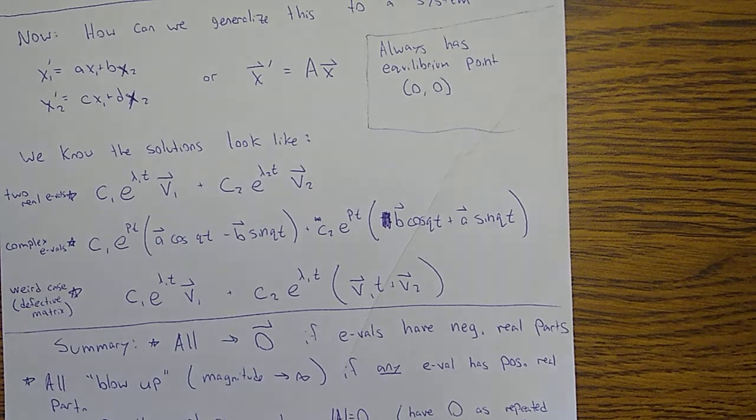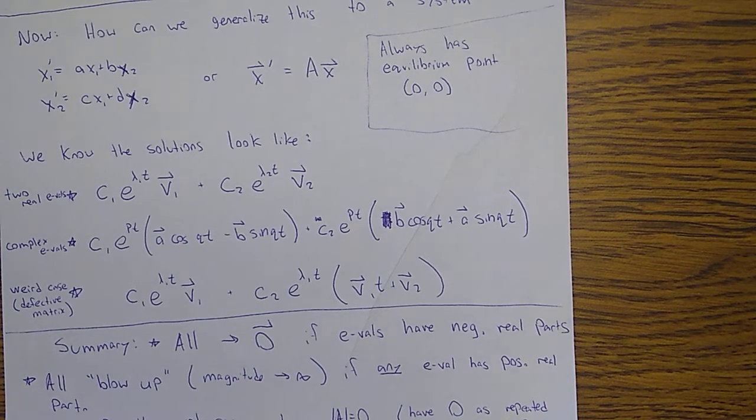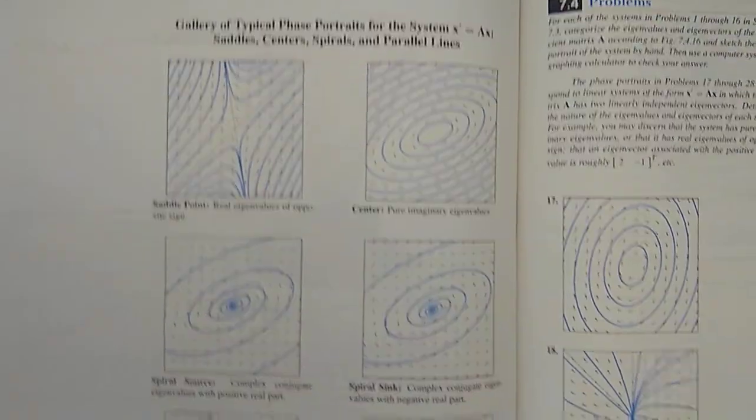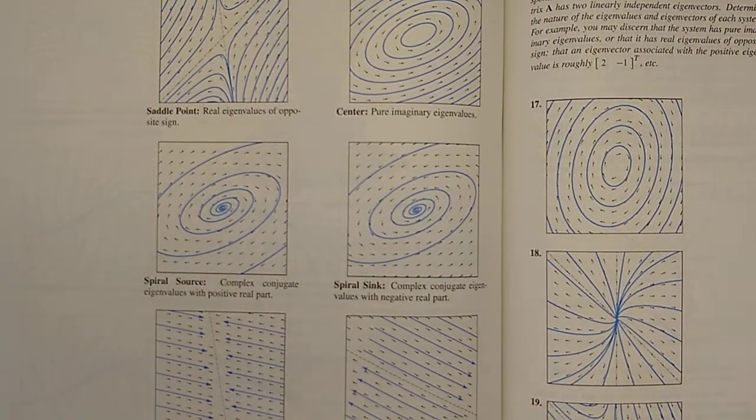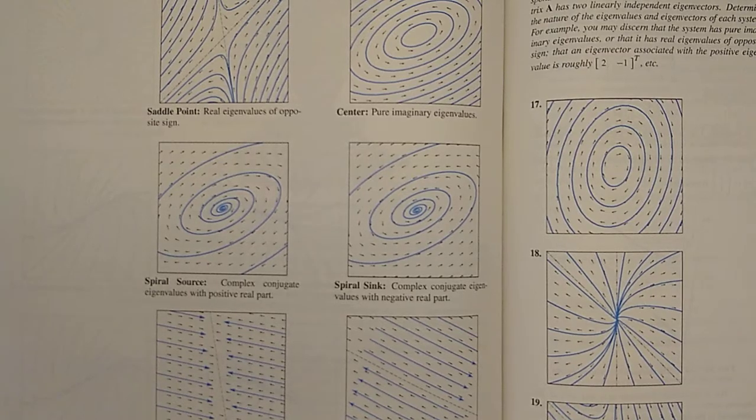And actually, as I'm talking about this, I should also show you, because there's this section that I skipped, 7.4, and I'm still mostly going to skip it, but it has a lot of neat pictures of how the solutions to these 2x2 linear systems can look.